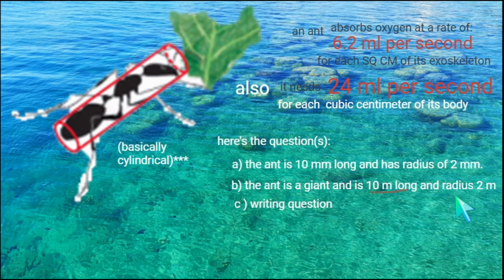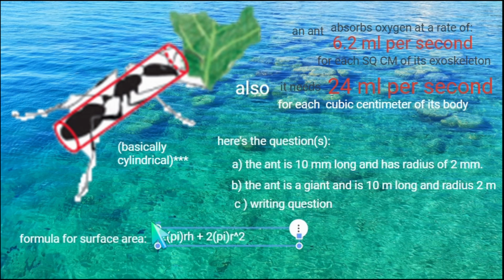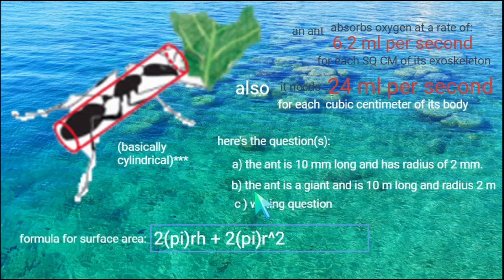So what matters is the ratio, because we want to figure out if the ant can live or die with the measurements we have. The first one is going to be surface area, because it's the outside, the exoskeleton. And the second measurement is volume, because it's the inside.